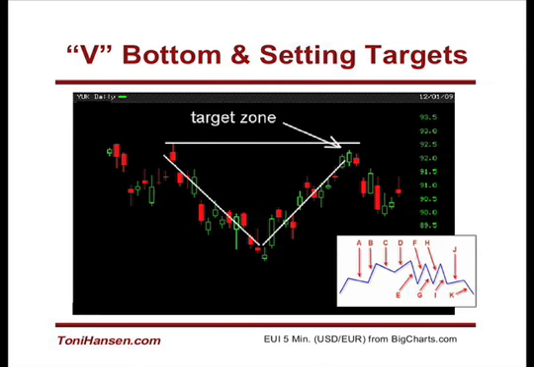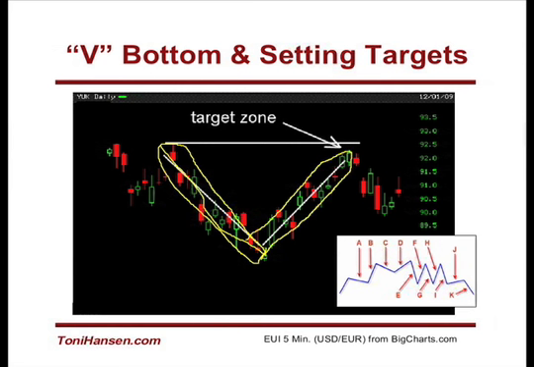and the momentum as it broke higher is very comparable to that downside momentum. Well, instead of this previous high being an exact target level, notice that it fell a little bit shy of that previous high. So by doing that, your target zone is just a little bit under that previous high because you do have this V bottom.